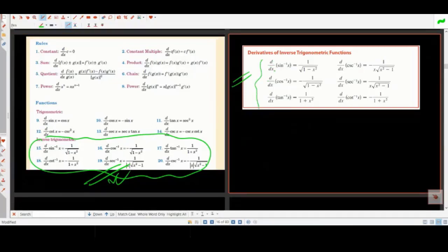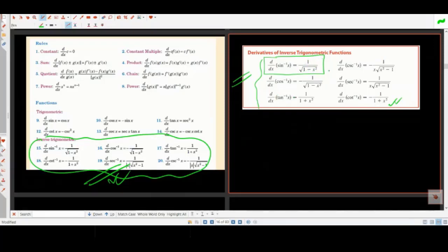That is d/dx of inverse sine is given, d/dx of inverse cosine is given here, d/dx of inverse tan, inverse cotangent, inverse secant, inverse cosecant, all the formulas are here. So these formulas are called the derivatives of inverse trigonometric functions. For example, you can see that differentiation of inverse sine is equal to 1 over square root of 1 minus x squared.